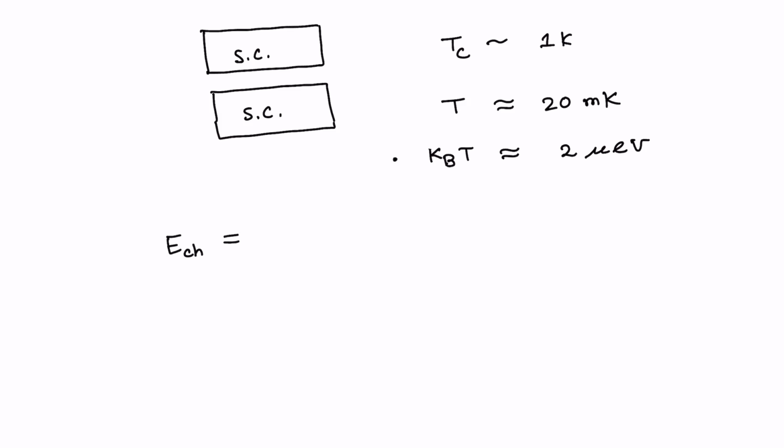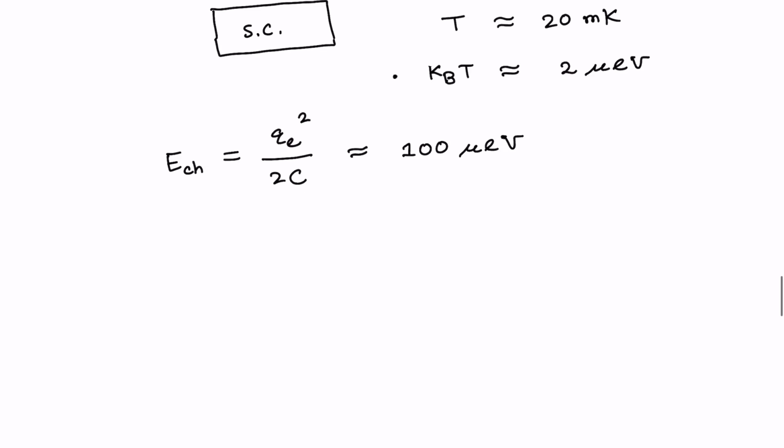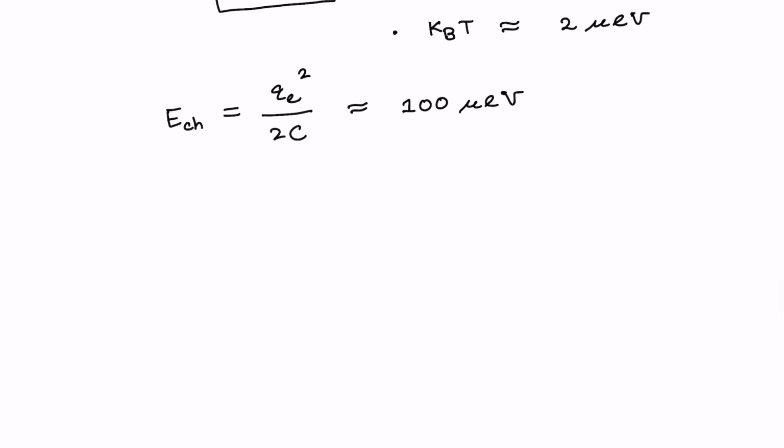The charging energy is Qe squared by 2C, and in a Cooper pair box made of aluminum, this charging energy is around 100 micro electron volt. In terms of temperature, we can write Ec as 100 into 10 to the power minus 6 electron volt, and 1 electron volt is around 10,000 Kelvin.